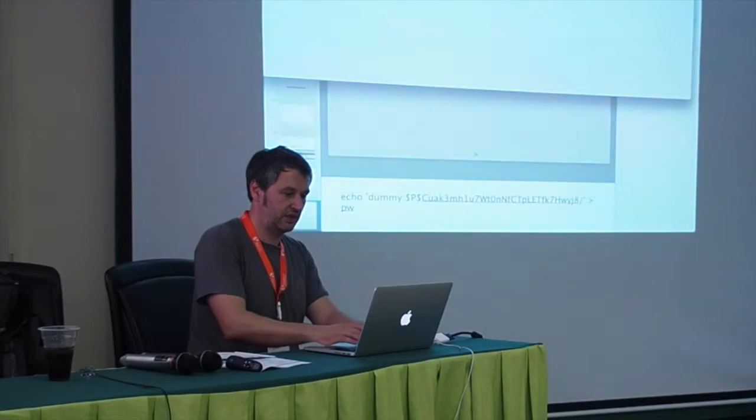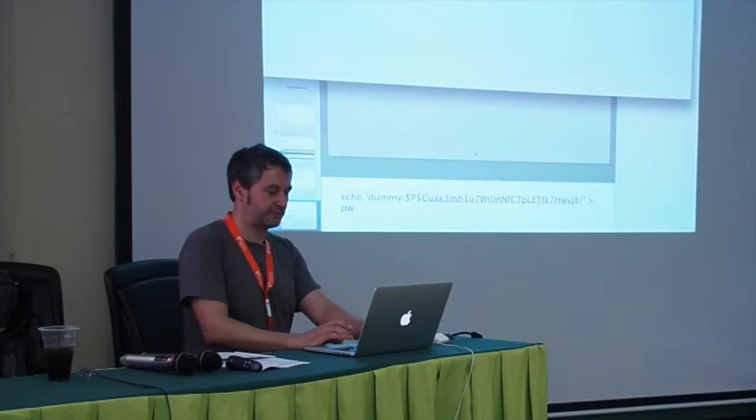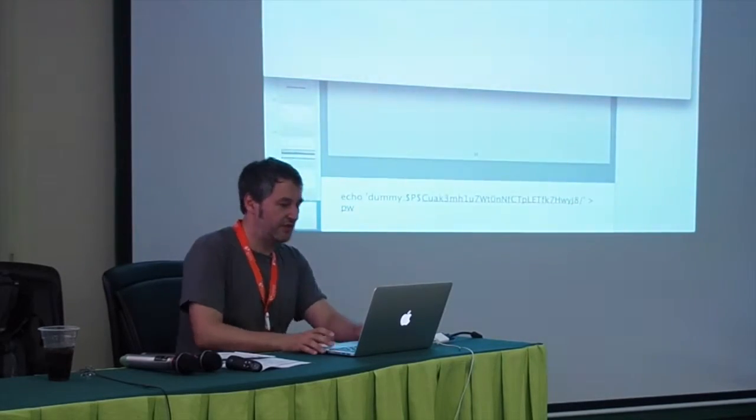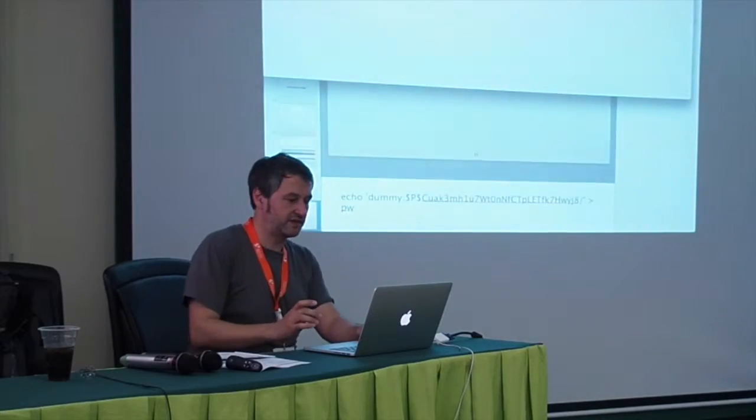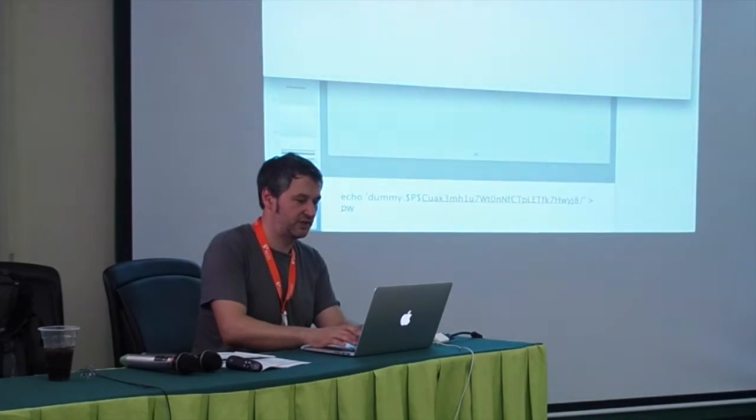Let's say echo. Password files are in the format that it first starts with the username and then a colon and then the password hash. And just create this file here, call it pw.